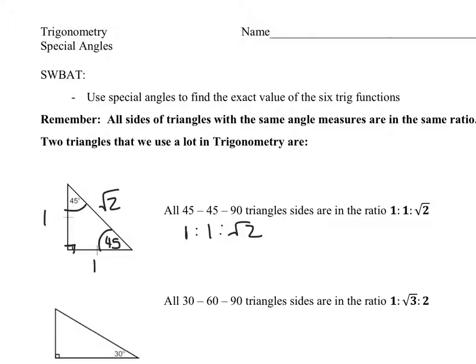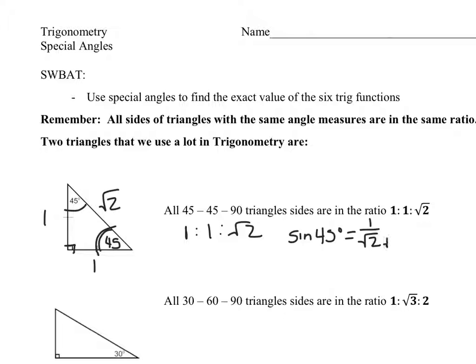Using that information, let's talk about the sine of 45. The sine of 45 degrees is opposite over hypotenuse, so it's 1 over radical 2. We do not like when there's a radical in the denominator, so we do what's called rationalizing it.